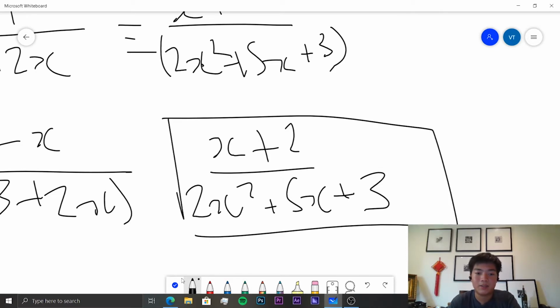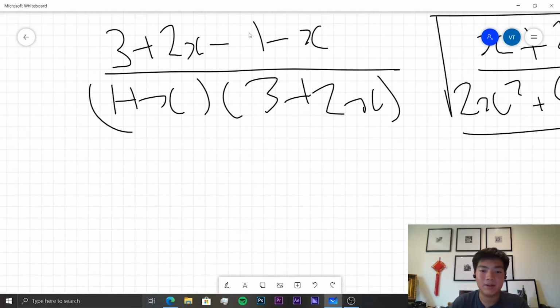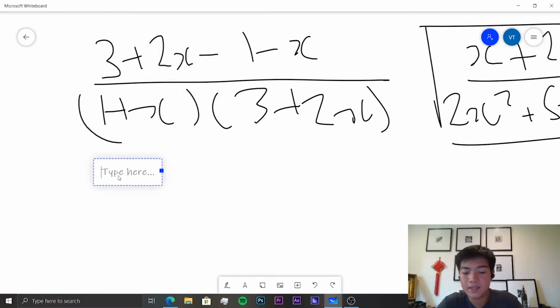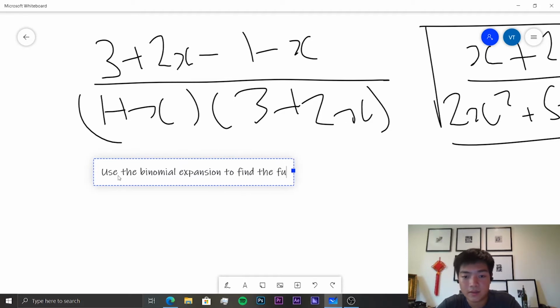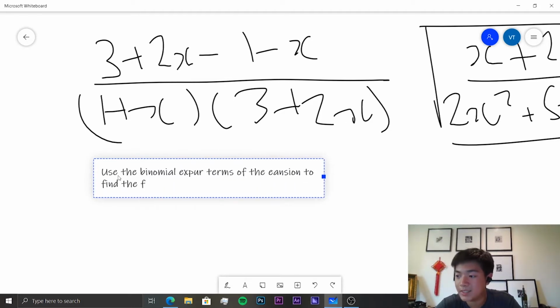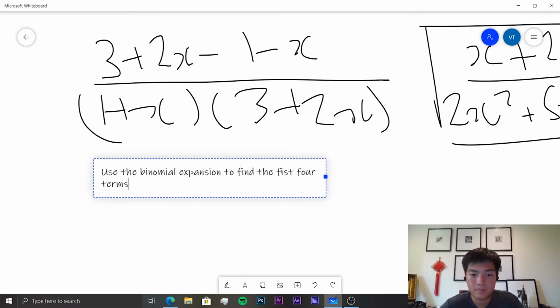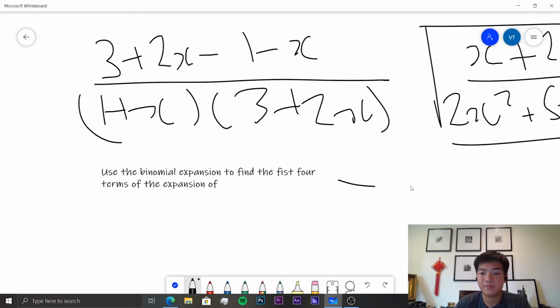But there is a second part to this problem. And that second part is that we need to use the binomial expansion to find the first 4 terms of the expansion of this.